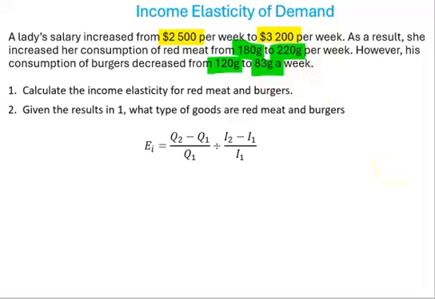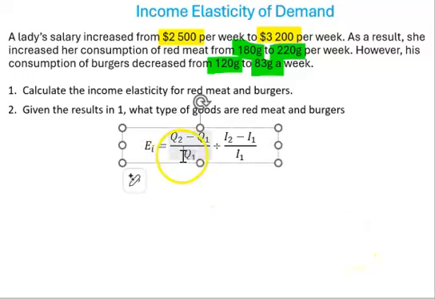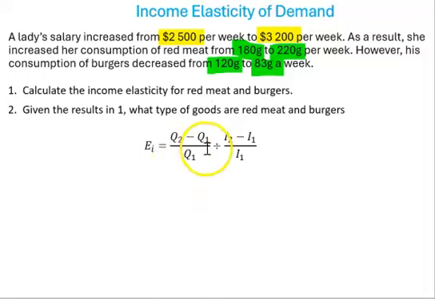So firstly, we are required to calculate the income elasticity of red meat and burgers. So we know that income elasticity equals Q2 minus Q1 divided by Q1, that is the percentage change in quantity demanded, all divided by the percentage change in income.